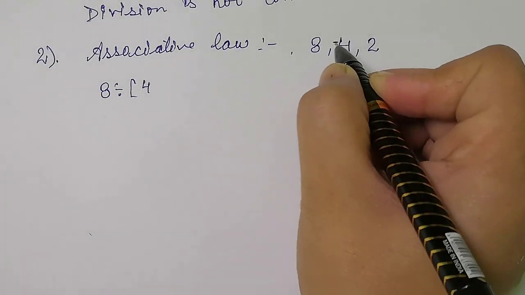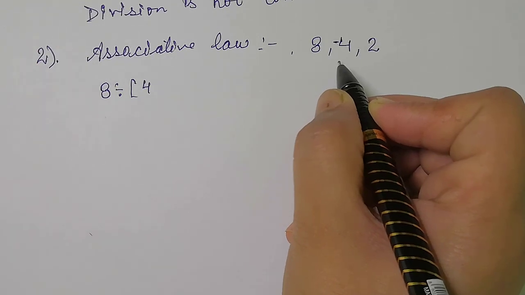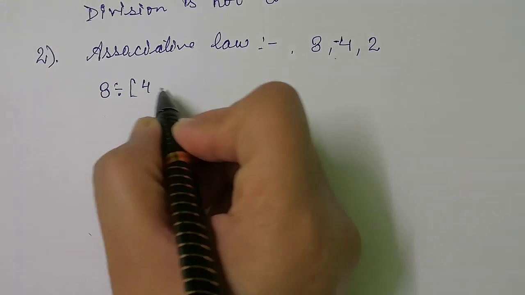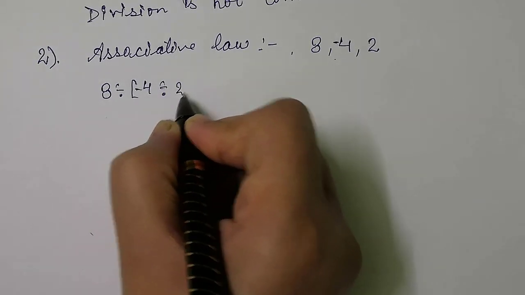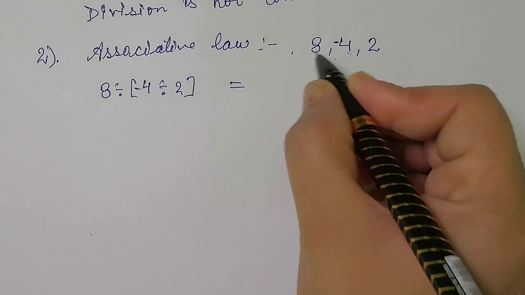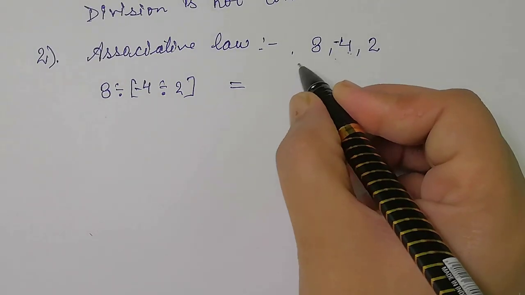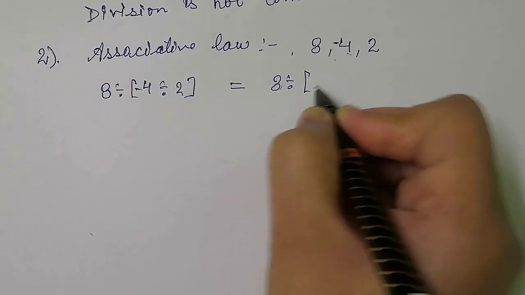Take minus 4 also, because these are integers and negative and positive both can come here. First of all, we make a group of minus 4 and 2, and we keep this 8 separate. See what result will come.